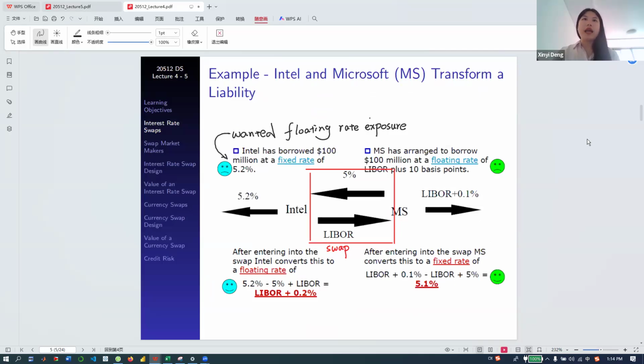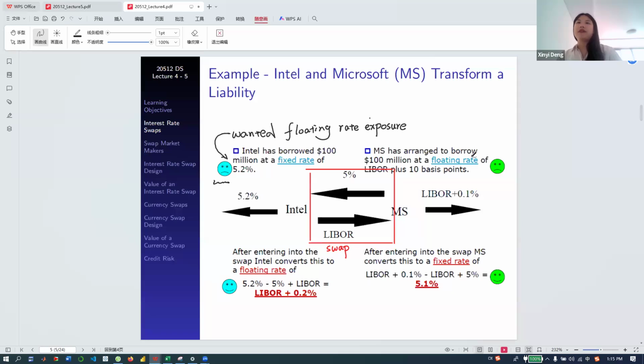Now let's take a look at this example of Intel and Microsoft transforming a liability. What happens here is that Intel has already borrowed 100 mils at a fixed rate of 5.2%. So we have this sad emoji here because Intel actually wanted floating rate exposure. So they are not happy with this fixed rate exposure here.